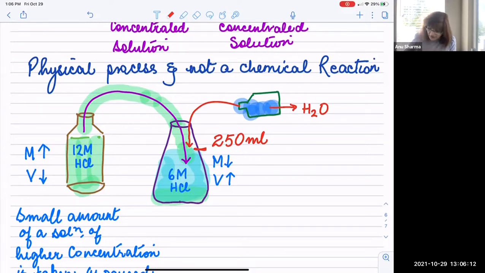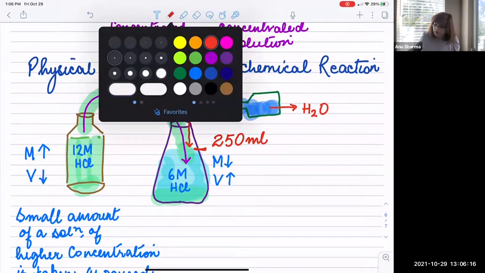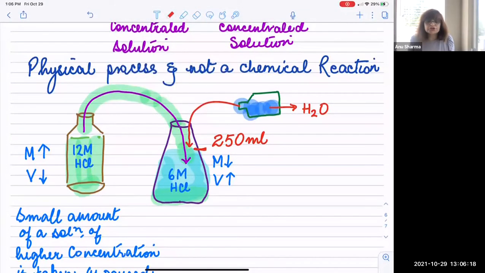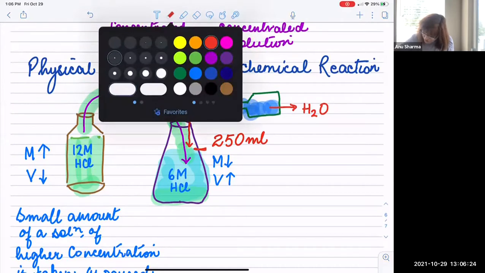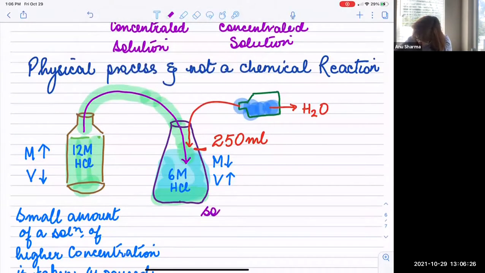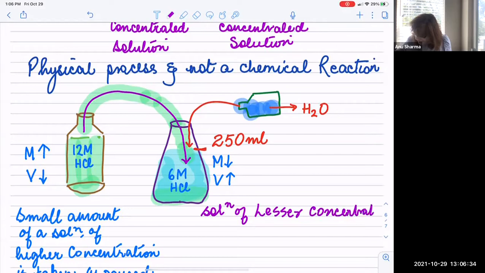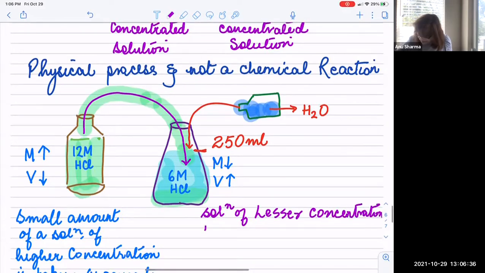So you see a larger concentrated solution, when water is added, becomes less concentrated. So now we have a solution of lesser concentration, but larger volume.